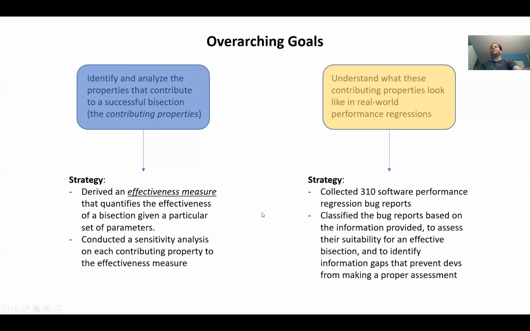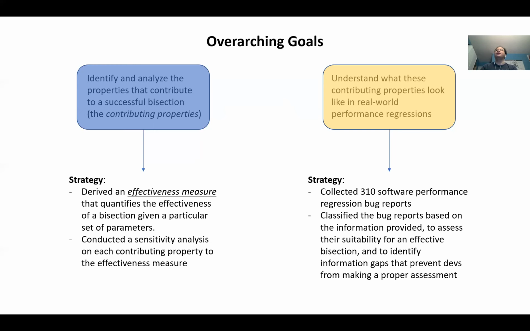For the second one, the strategy I've employed is that I've collected over 300, in this case 310, software performance regression bug reports, and performed a qualitative and quantitative analysis on each one. I've classified the bug reports, as you can see here, based on the information provided, so that we can assess their suitability for an effective bisection.